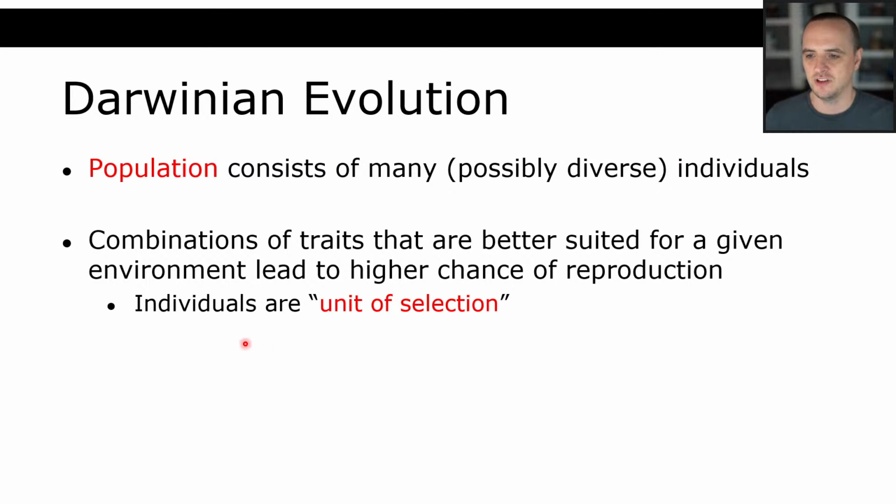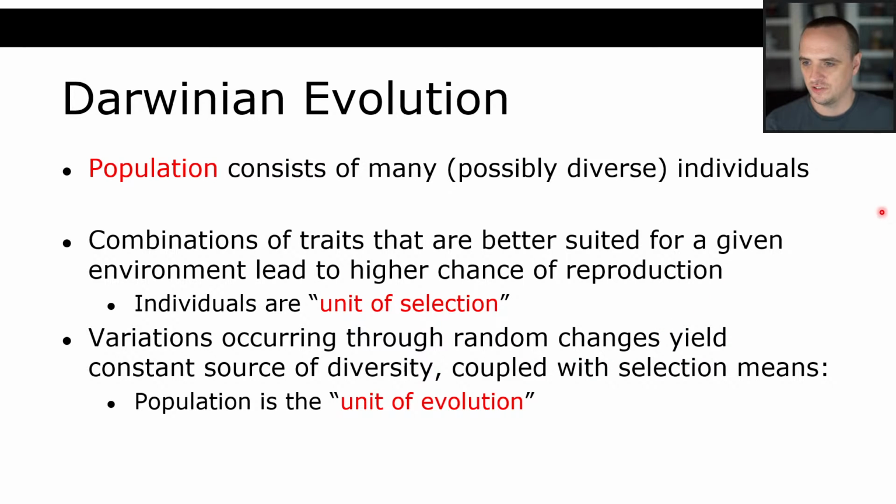So what that means is the individuals are the unit of selection. Variations occurring through random changes yield a constant source of diversity, and coupling that with selection means that the population is the unit of evolution. So what do these two things mean?